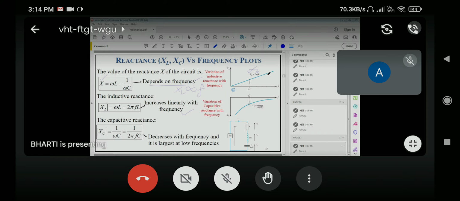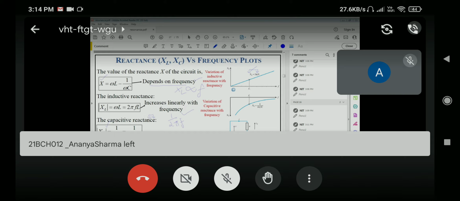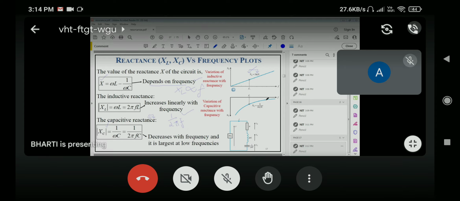Now take the second portion of it, that is XC, the capacitive reactance. This capacitive reactance is equal to 1 by 2 pi f C. That means it is inversely proportional to frequency, and the graph would be something like this.